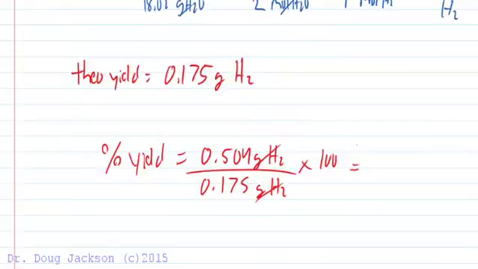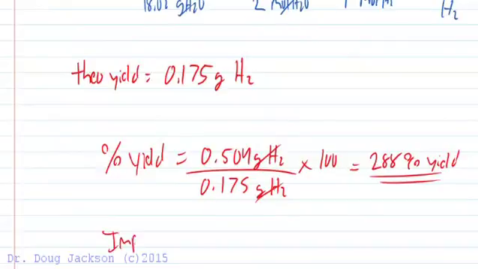Percentage is unitless, 0.504 divided by 0.175, and we get, times 100, 288% yield, which, if we're paying attention, is impossible. So we have to acknowledge that there's a problem with the experiment.